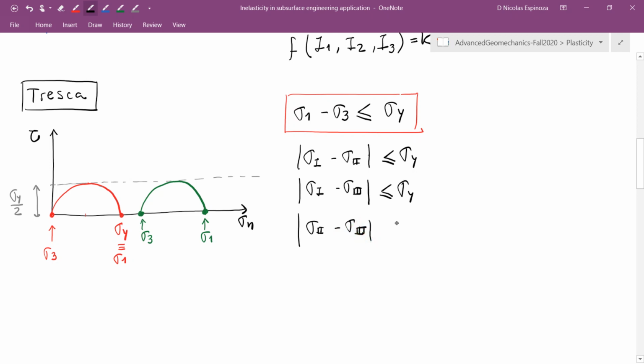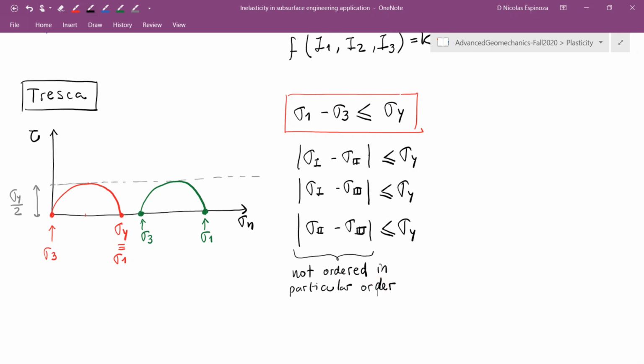And with these equations, what I can do is I can plot what is called a space of principal stresses. Okay, just let me add here this warning that these are not ordered in any particular order, and that's why I have the absolute values.